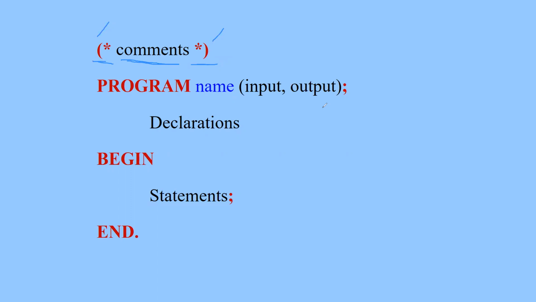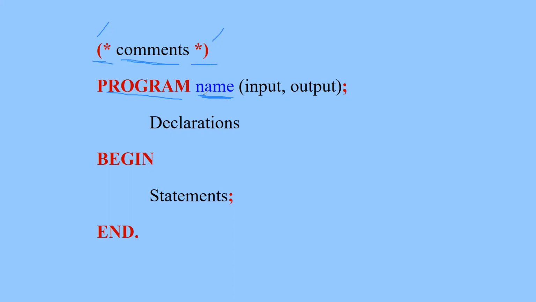Then we have the keyword program, just the same as we have seen main in C. For Pascal, every program has to have program followed by the name. This name is the name of your program, and this name should be based on what it is doing.